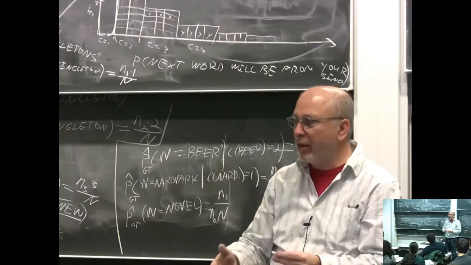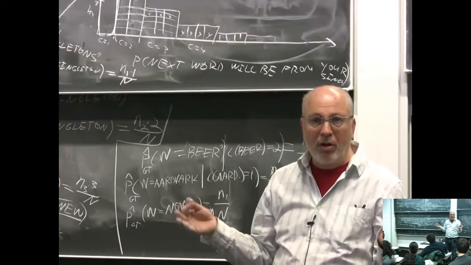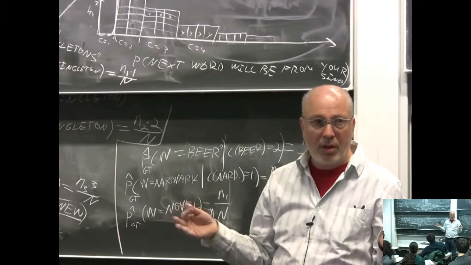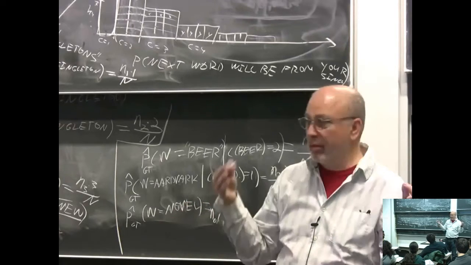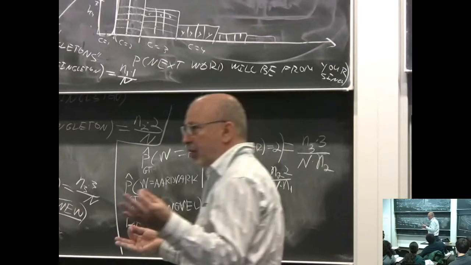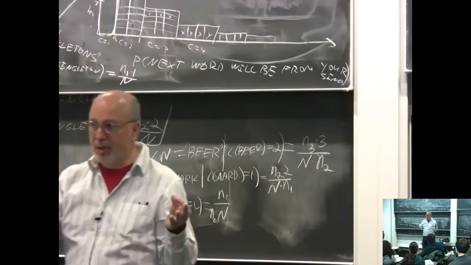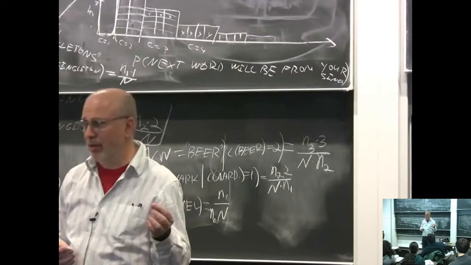If your vocabulary is fixed and known, it's 200,000 words, the number of bigram types is 200,000 squared, right? Every word can be followed by every other word in principle. 200,000 squared is a very large number, right? It's 4 times 10 to the 10, okay?